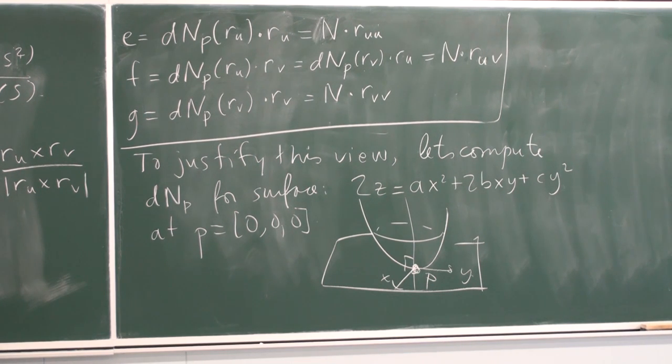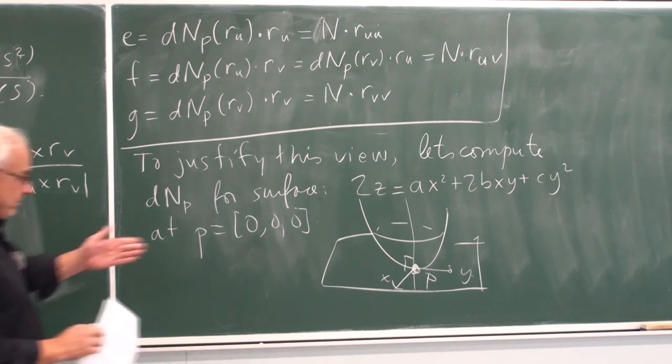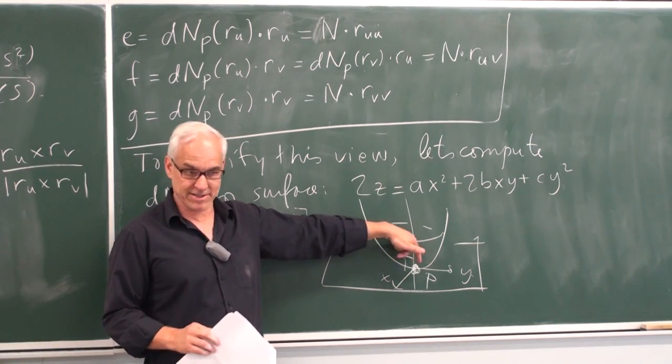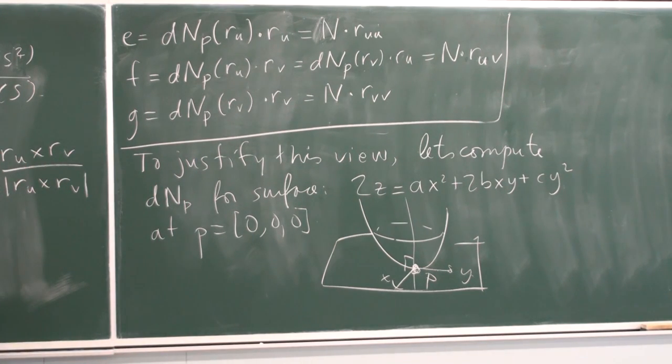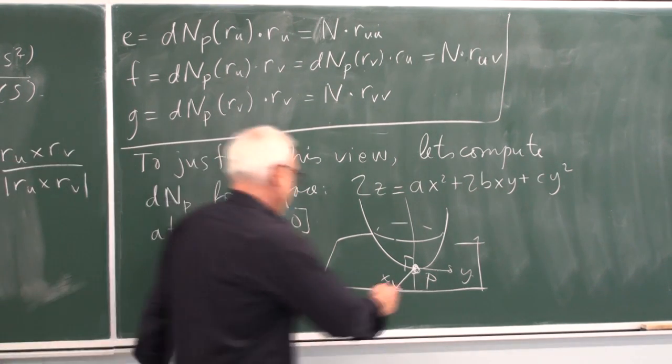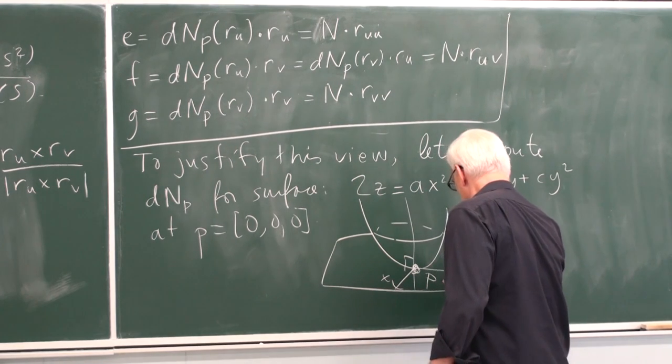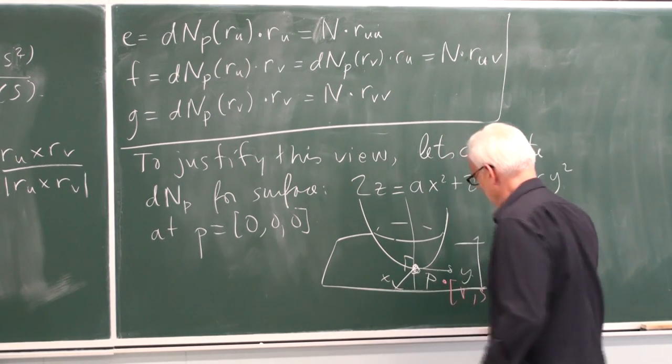Okay, so to do that, we have to understand what the normal looks like at nearby points to P. So let's take a nearby point, say (r, s). So here's a point (r, s) in the plane.